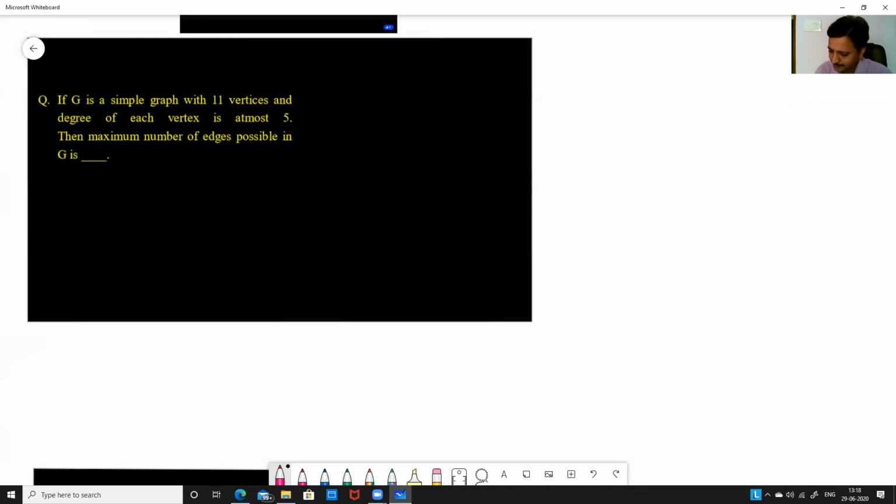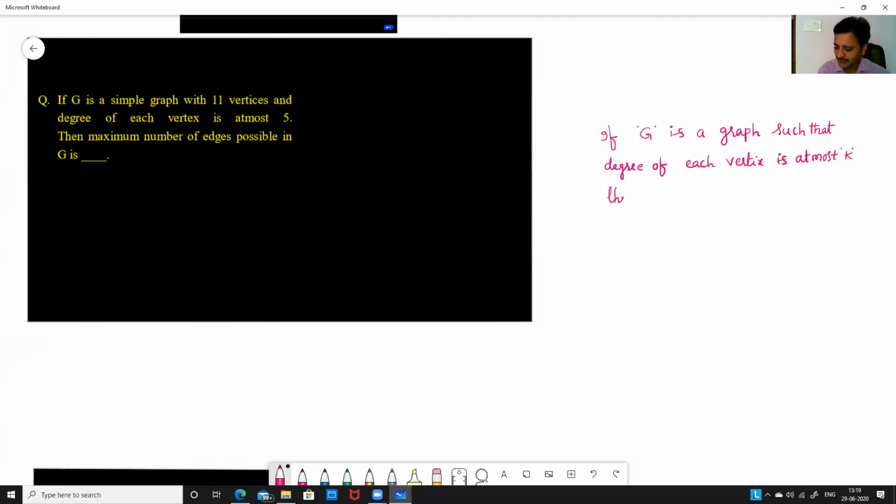Suppose G is a graph such that the degree of each vertex is at most k.